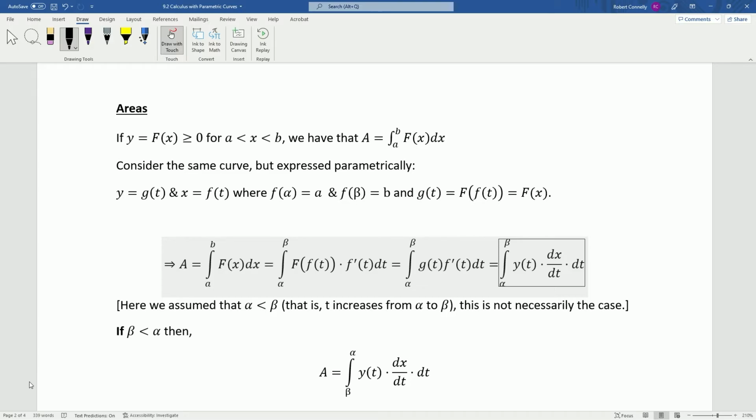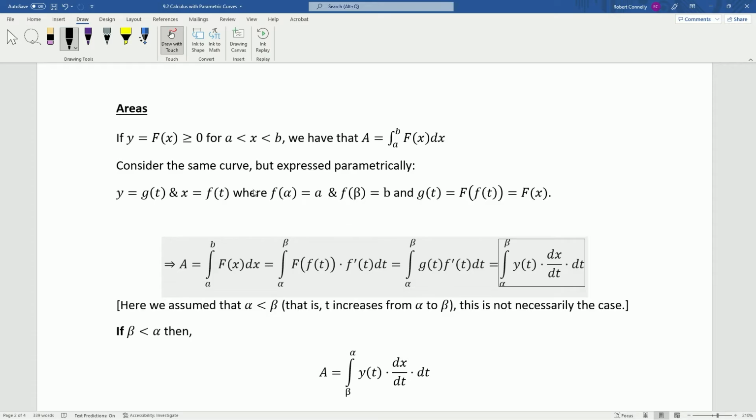So if that's the case, then we need a way to be able to evaluate in terms of parametric equations. So if we consider the same curve, but expressed parametrically, where y is equal to g of t and x is equal to f of t, and f of alpha equals a, and f of beta equals b.